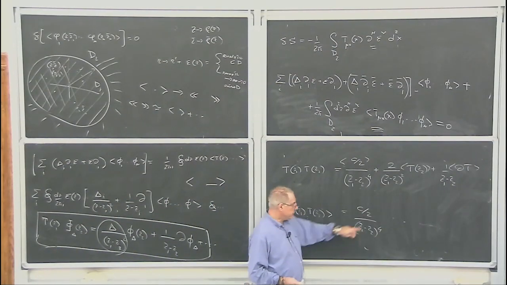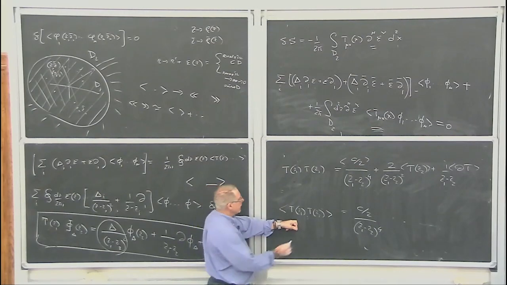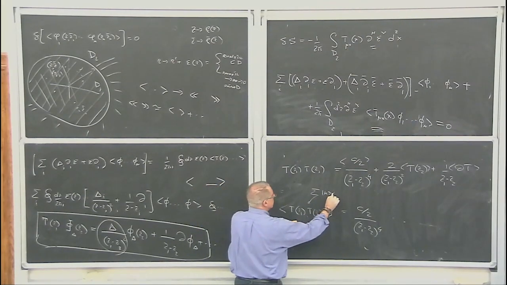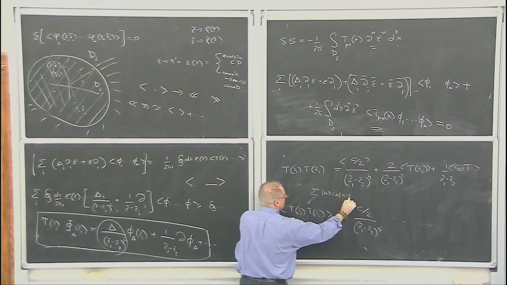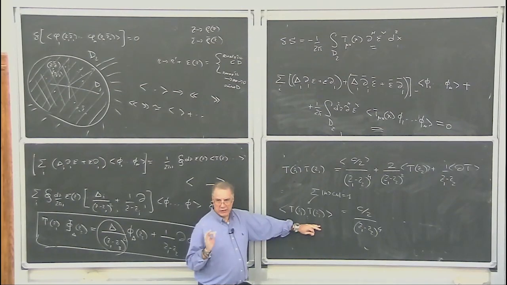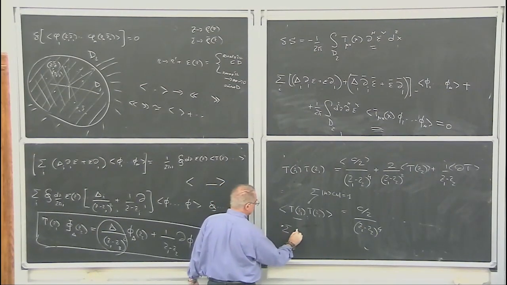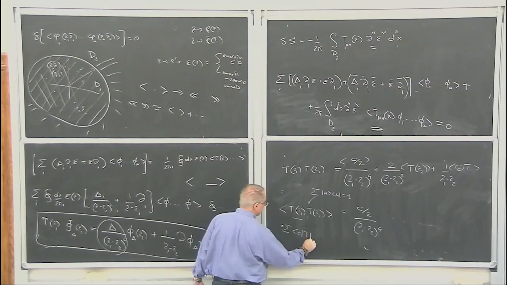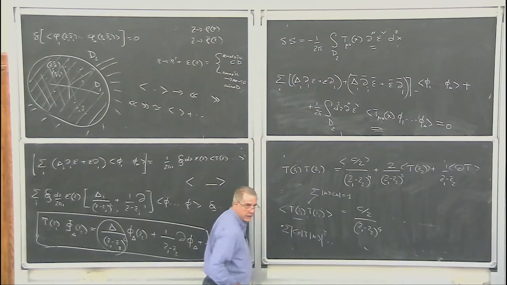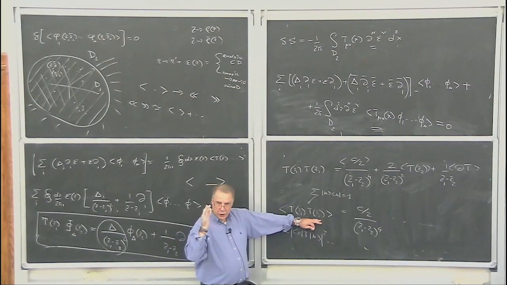We see an arbitrary parameter. Why so? Because these guys, as you immediately understand, if I insert here a complete set of states, whatever they are, this quantity is intrinsically positive. This quantity is an infinite sum between the vacuum and a bunch of other terms. So this term is non-zero.